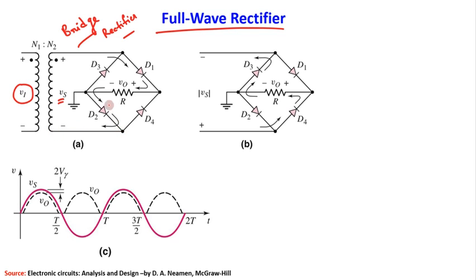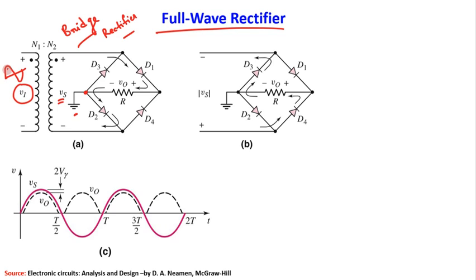And 4 diodes are used, D1, D2, D3 and D4, in this bridge fashion, and one resistance is connected between this node and this node, and particularly this node is grounded here. Now again consider 2 different cycles. So let us consider the first cycle here.